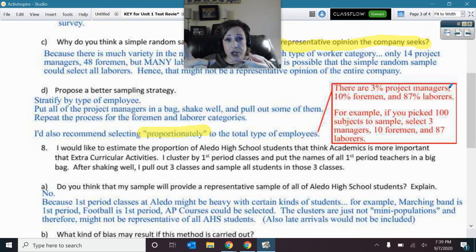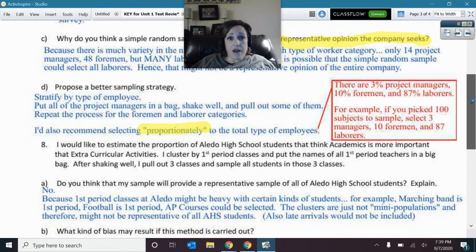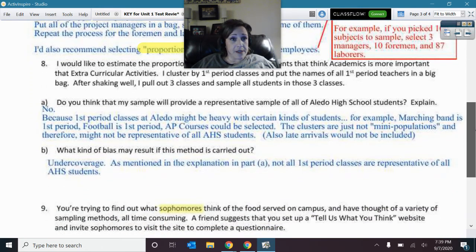So 3% were project managers, 10% were foremen, and 87% laborers. So, for example, if they took a sample of 100, then they would select 3 out of the project manager bag, 10 out of the foreman bag, and 87 out of the laborers' bag. That would then be representative of all types of the employees.